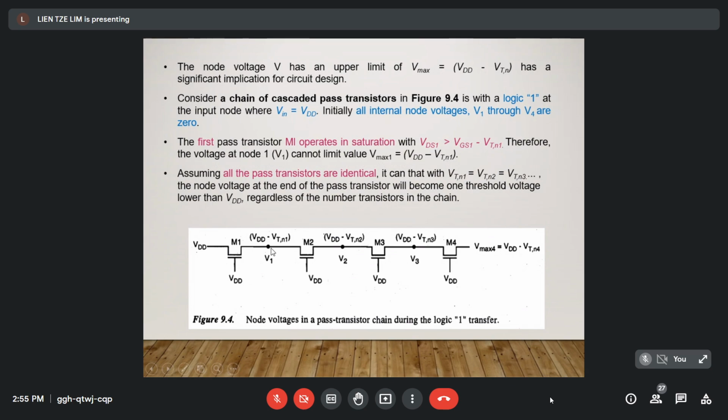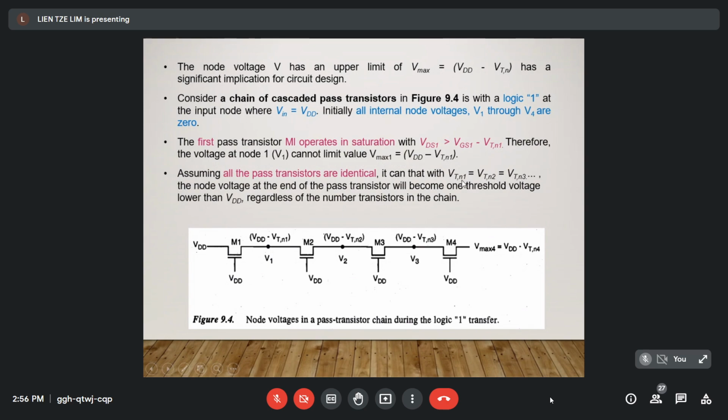You see here at the output of each transistor, the voltage value may not be the same. Here it is given as VDD minus VT. If the threshold voltage of each transistor is different, then the node voltages will be different. But here, assuming all the pass transistors are identical, VT equals the VT of the second NMOS and also the threshold voltage of the third NMOS.